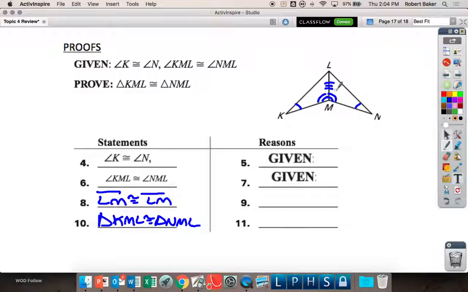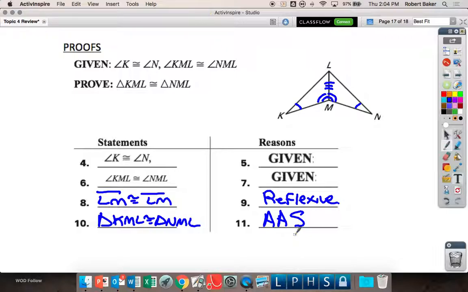And you have to know why that's true: the reflexive property. You guys need to know that for tomorrow, because that will happen tomorrow. And then you have to generate what shortcut proves that those two triangles are congruent. The AS shortcut, the angle, side shortcut.